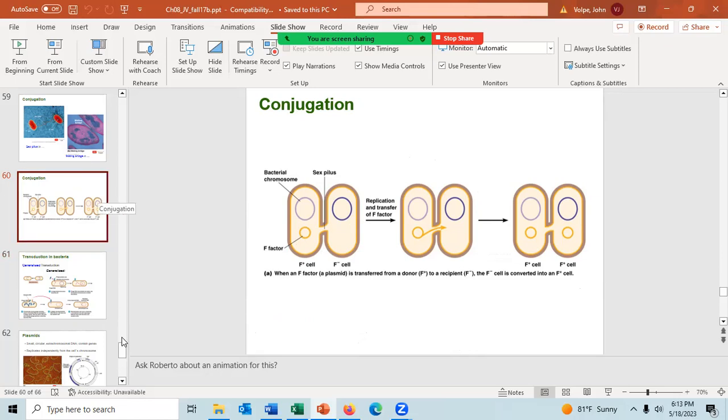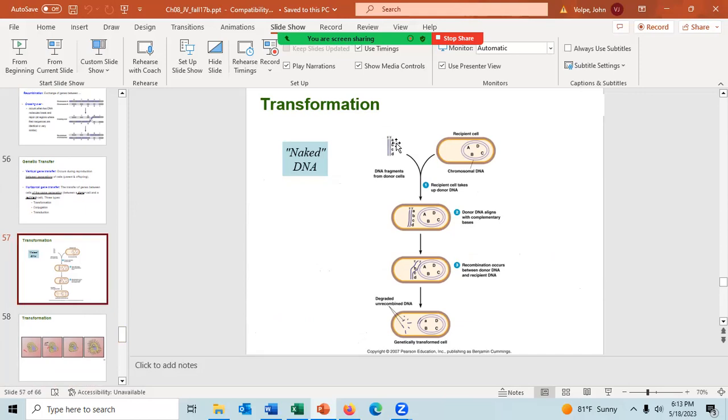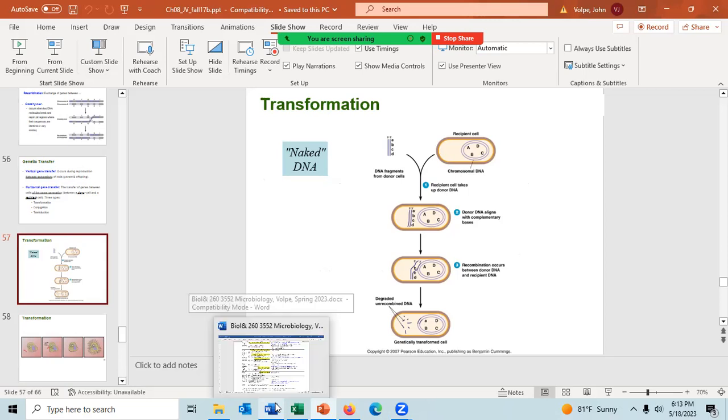And I already mentioned it here. If this DNA, the lowercase a, codes for antibiotic resistance, then this cell's going to become antibiotic resistant when it was sensitive previously. Any question about any of that?